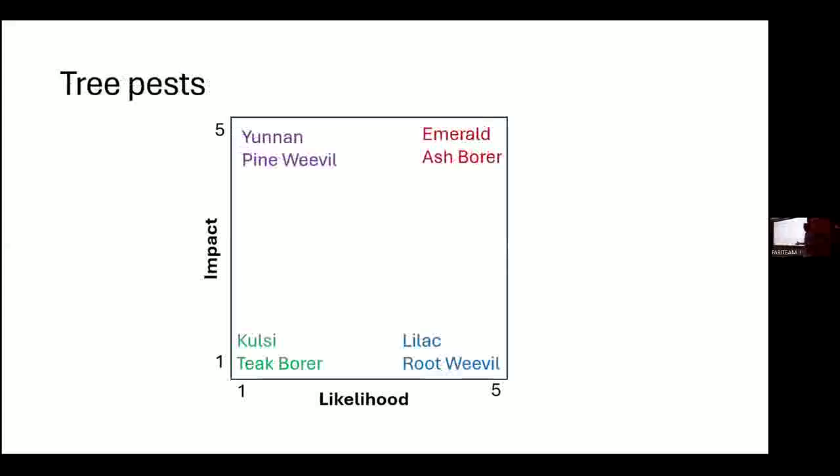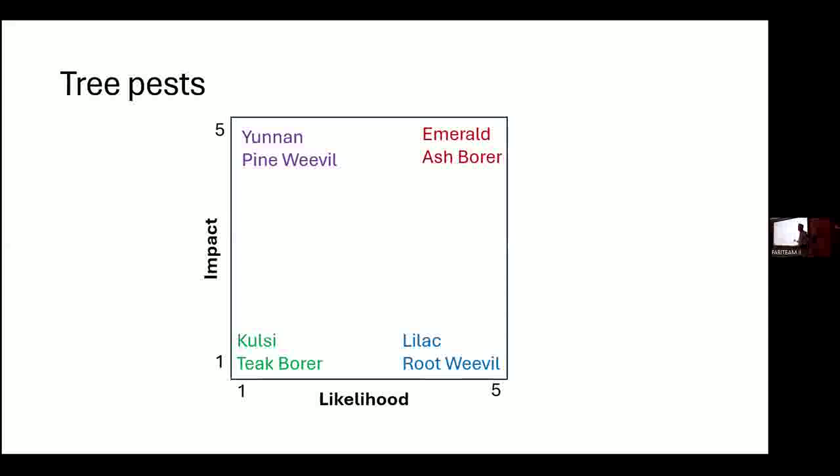So if we think about the tree pests, now we have examples of, in the UK, things like the Culsey teak borer. We don't grow a lot of teak in the UK, but it possibly affects some of our tree species. It's unlikely to arrive, and if it did, it's not going to do a lot of damage. Top right, the emerald ash borer, it's probably going to get here eventually.